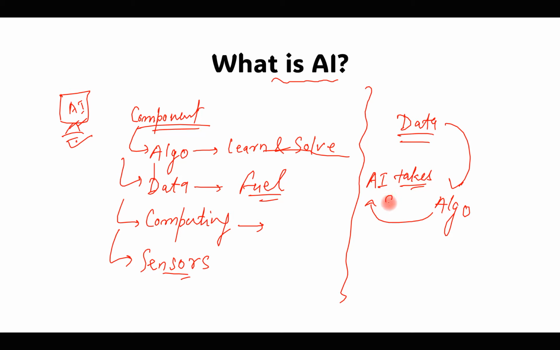This is how we can define what exactly AI is. So where can we use it in real time? We can use it for face recognition, self-driving cars, chatbots like ChatGPT, and voice assistants. There are many ways through which we can use AI systems. This is how we can summarize AI in a very simple way.